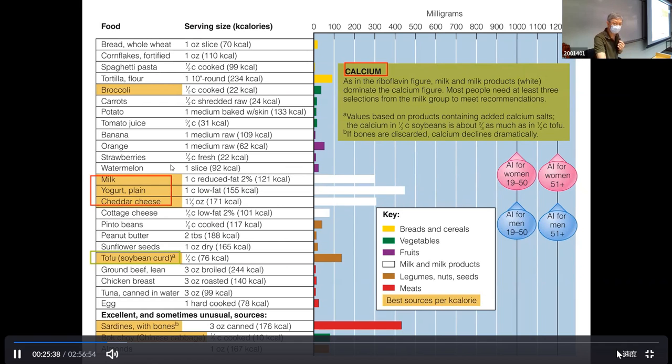From a Western diet point of view, the major calcium source will be dairy: milk, yogurt, cheese. From the viewpoint of the Asian community, it will be bean curd, tofu and related foods. But there are also certain other foods which are, relatively speaking, high in calcium as well.